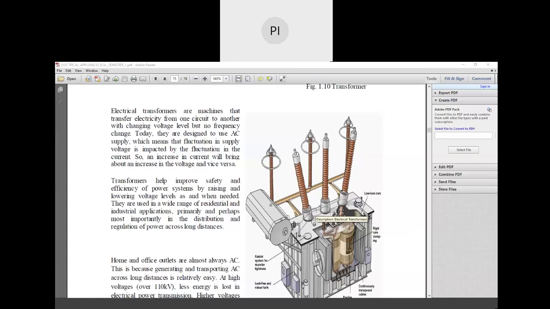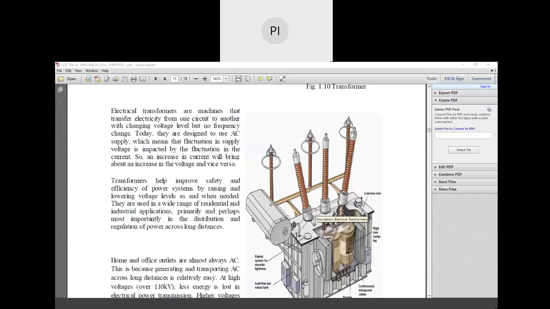I told you that power stations are generating electrical power. That power is distributed to 33 kV substations. In that transformer, the production unit is connected to the primary circuit, and the 33 kV stations are treated as the secondary circuit.